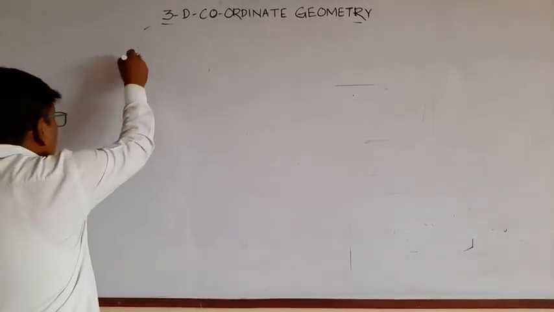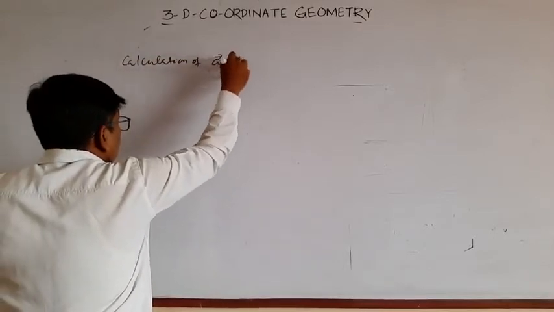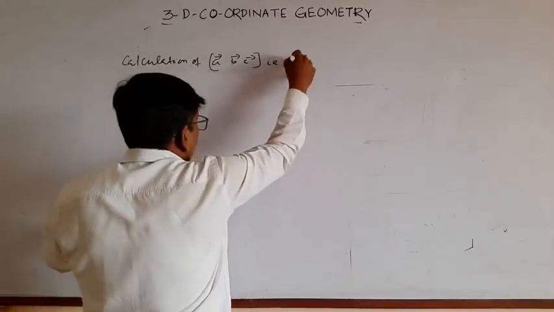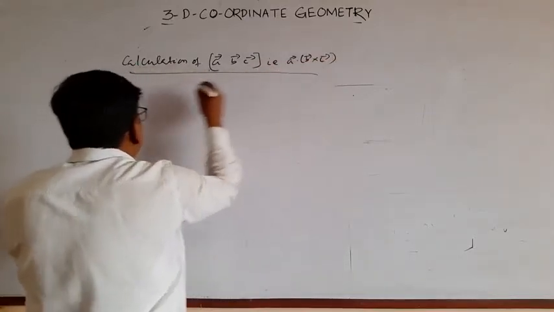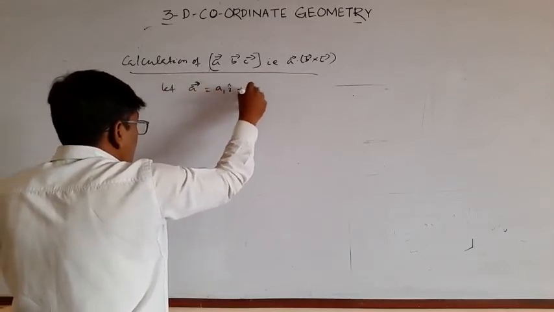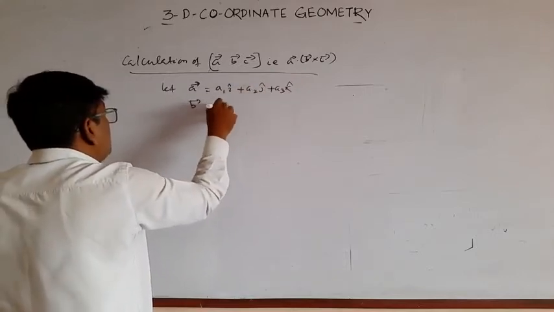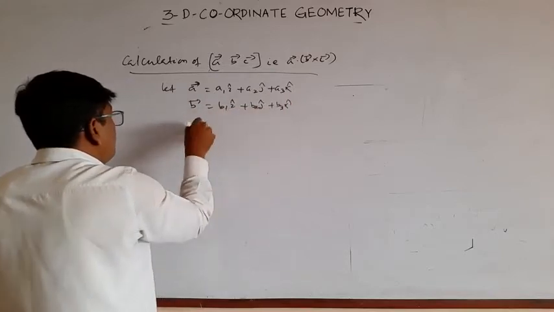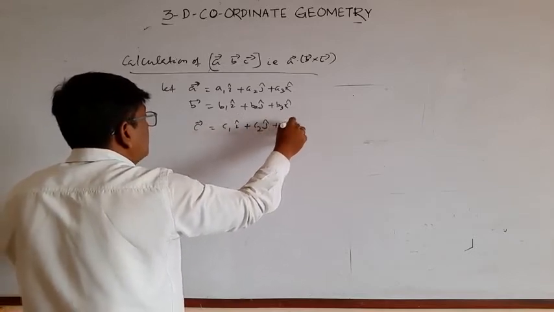Calculation of the scalar triple product ABC, that is A dot B cross C. Suppose vector A is equal to A1i plus A2j plus A3k, vector B is equal to B1i plus B2j plus B3k, vector C is equal to C1i plus C2j plus C3k.